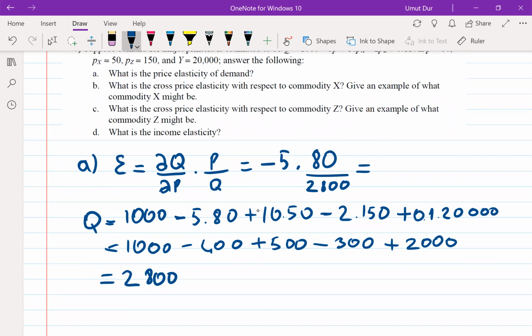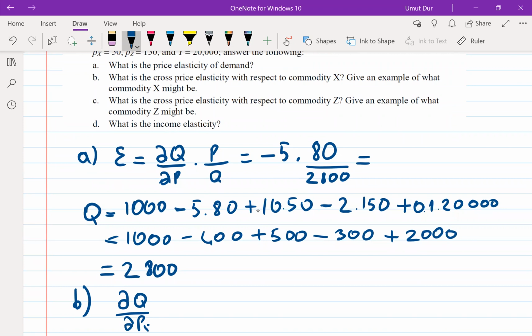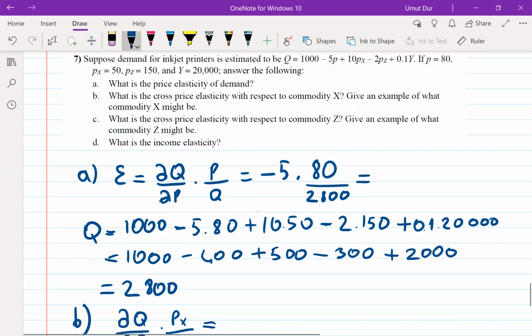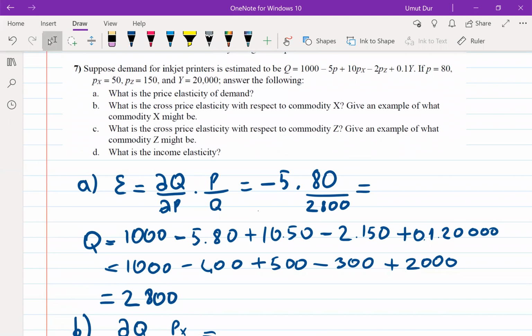What about the second part? It is asking for the cross price elasticity with respect to the commodity X. We do the same thing: dQ over dPx times Px over Q. What is dQ over dPx?